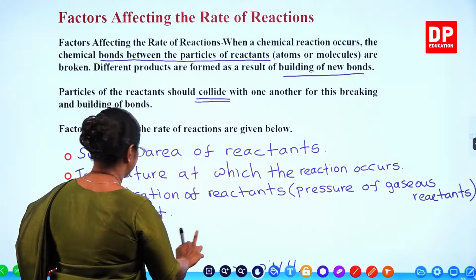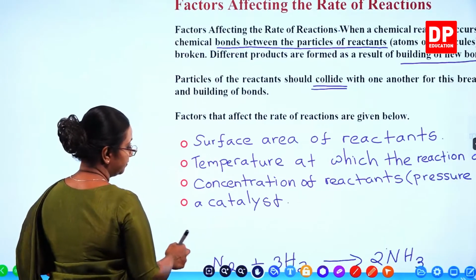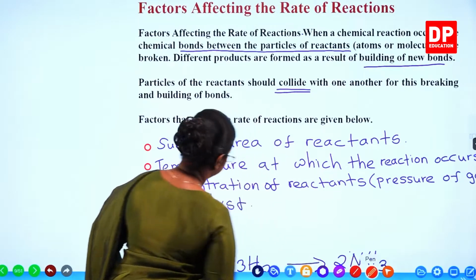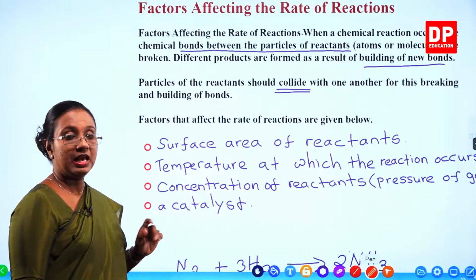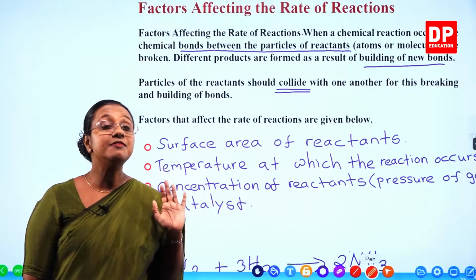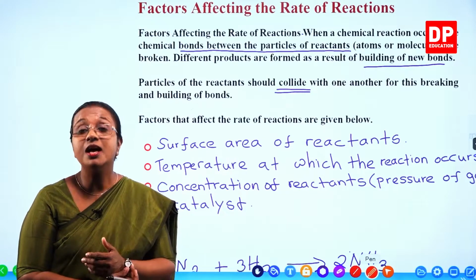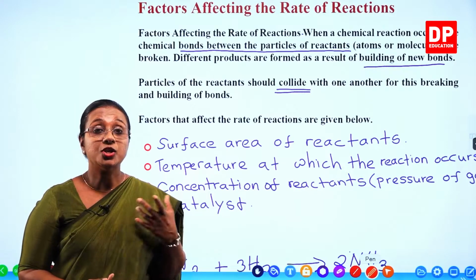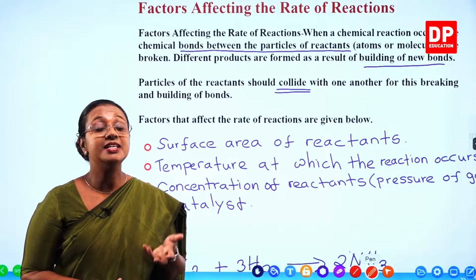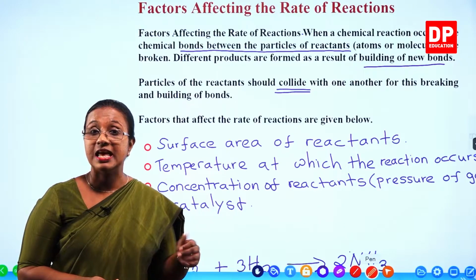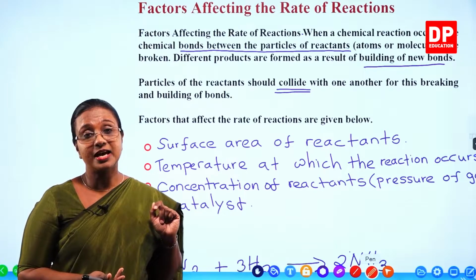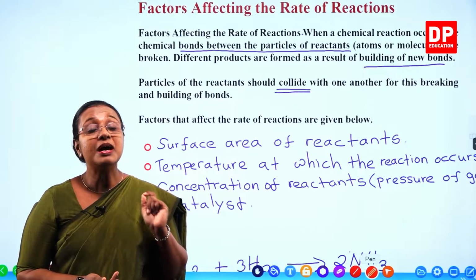Then we have the next one, the last one: a catalyst. Now, you are not very familiar with a catalyst, but in the first lesson, when we discussed biomolecules, you all know proteins form enzymes. Enzymes are made up of proteins. And to observe and understand the activity of an enzyme, we used the amylase enzyme.